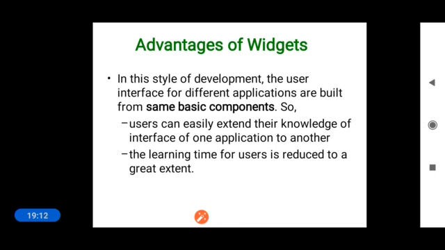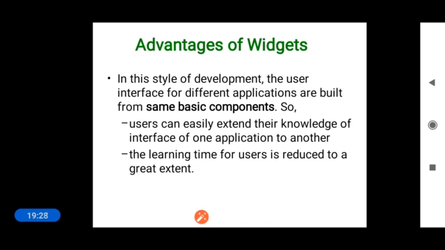In this style of development, the user interfaces for different applications are built from the same basic components. So users can easily extend their knowledge of the interface of one application to another.